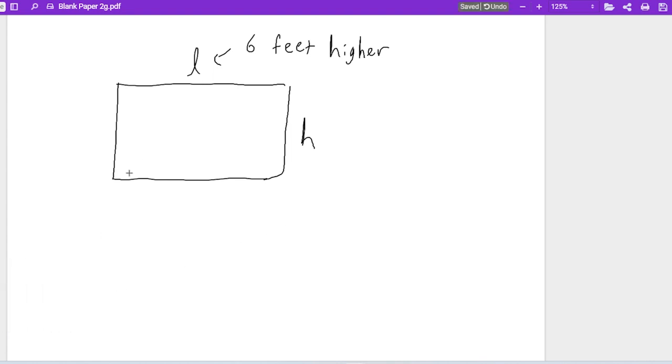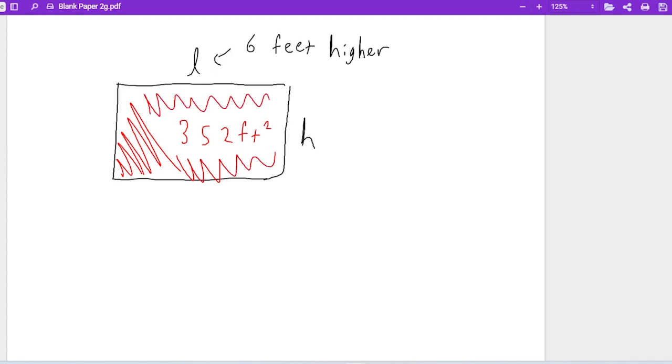I also know that the total area here in the middle is 352 feet squared. So I have the total area, and I have this fact that the length is 6 feet higher. And the goal is I want to find L, the length, and H, the height.